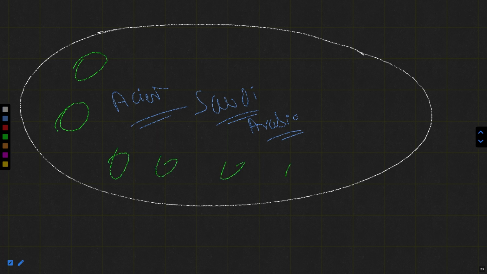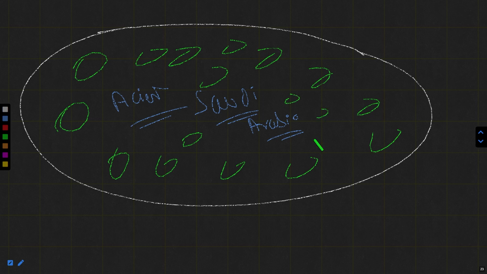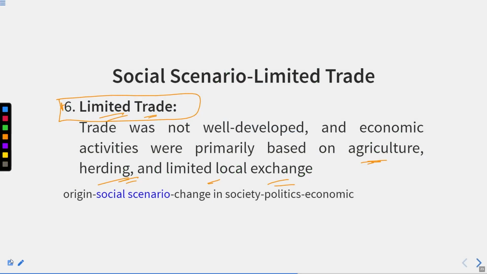There were so many local tribes which had the distribution of resources into a very, very small segment of the population. Because of this, a large number of resources got divided among a few, and this basically turned into limited economic activities because the people did not have sufficient resources.